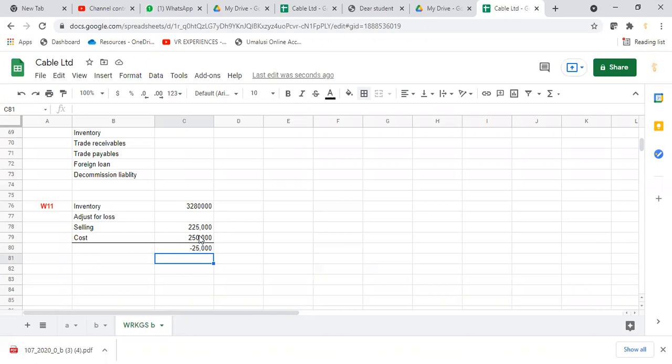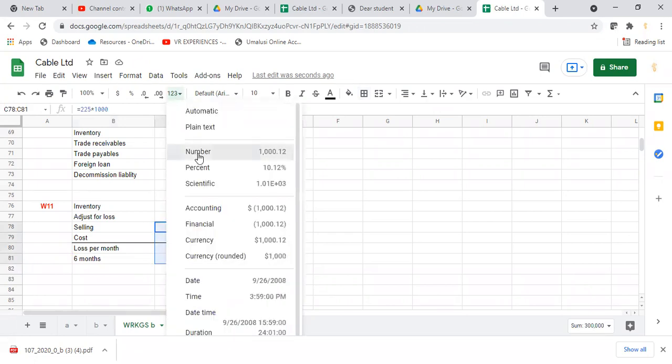But remember, that is per month and there's going to be 6 months, from 1 September 2018 up until 28 February 2019. So if I multiply that by 6, we're making a total loss for the financial year of 150,000 rand.